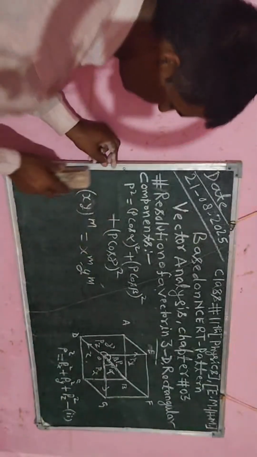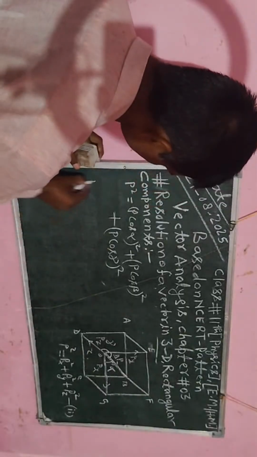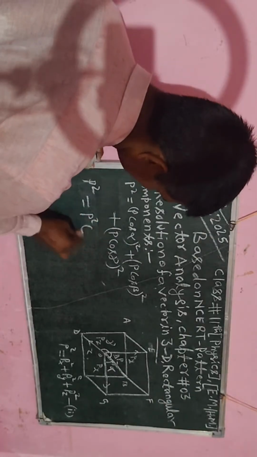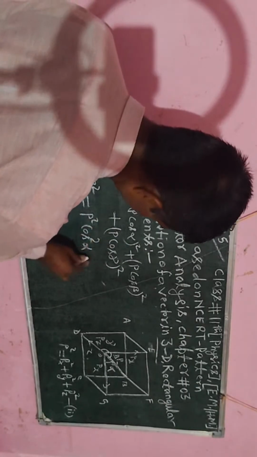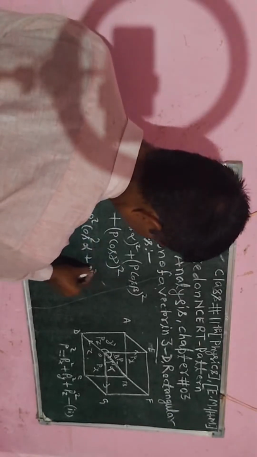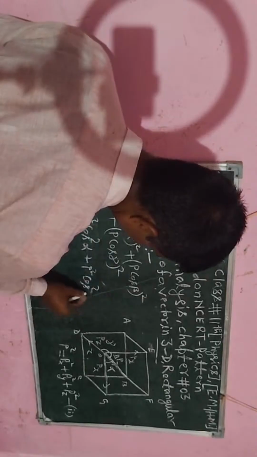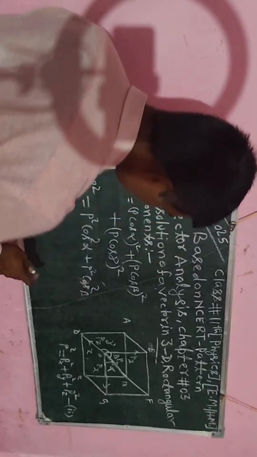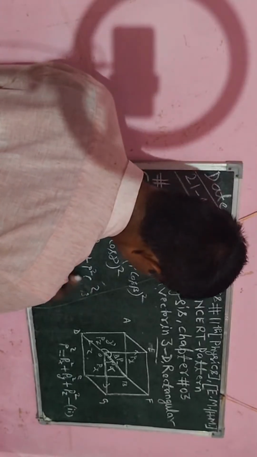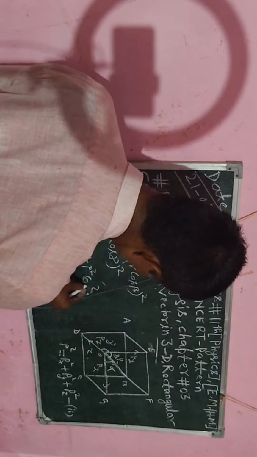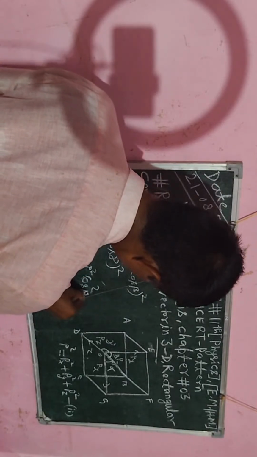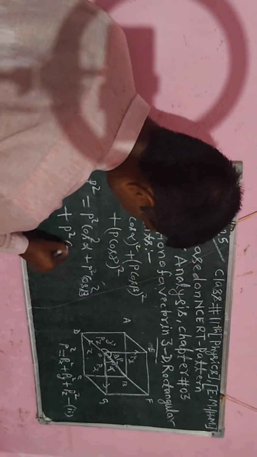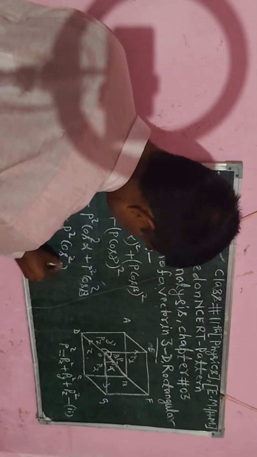Further I am going to write it. So here will be p square, which is equal to p square cos square alpha, plus p square cos square beta, plus p square cos square gamma.